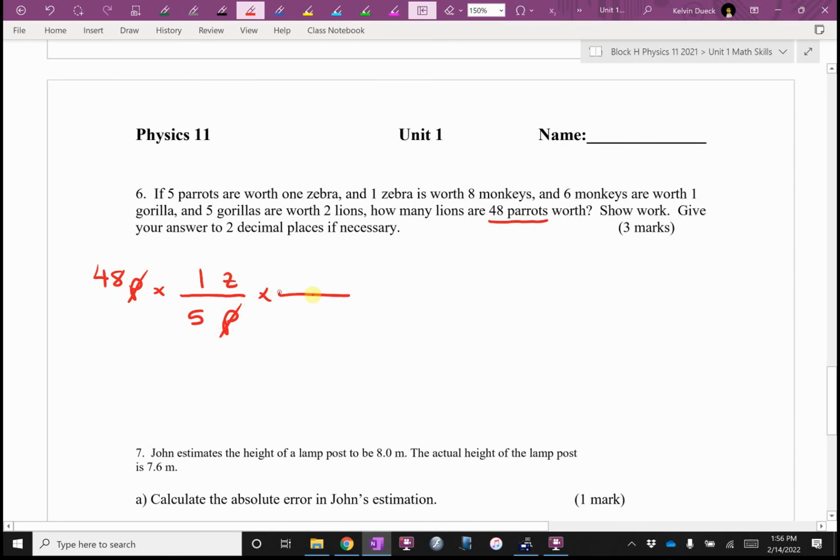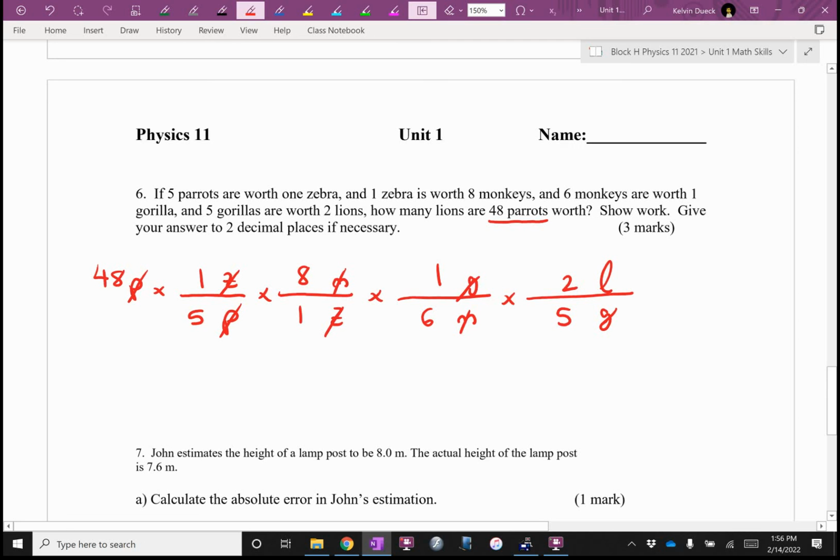Then I said, hey, I can get rid of zebras because apparently 1 zebra is 8 monkeys. Then I said, okay, I can get rid of monkeys because apparently 6 monkeys are worth 1 gorilla. Then I said, I can get rid of gorillas because apparently 5 gorillas are worth 2 lions. This will work. I end up in lions.